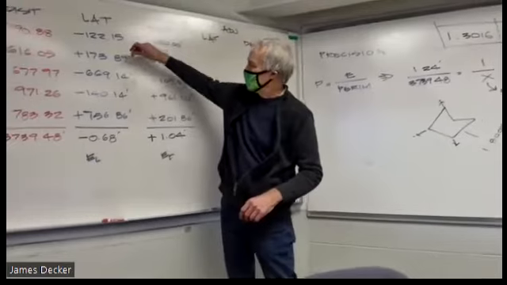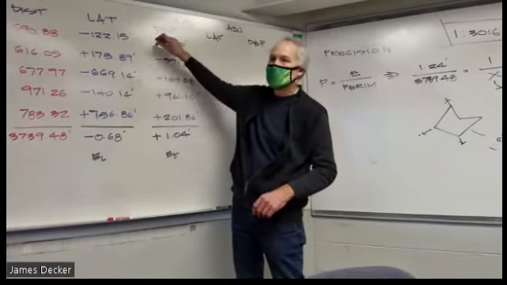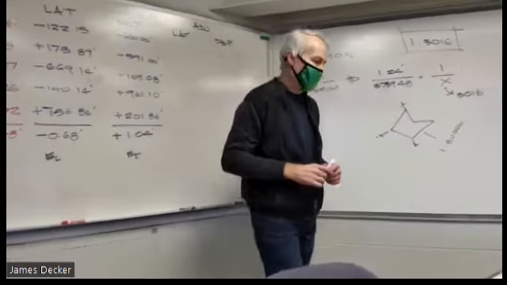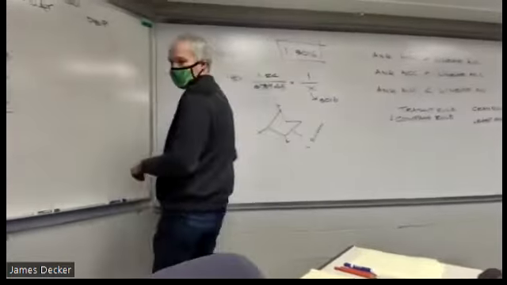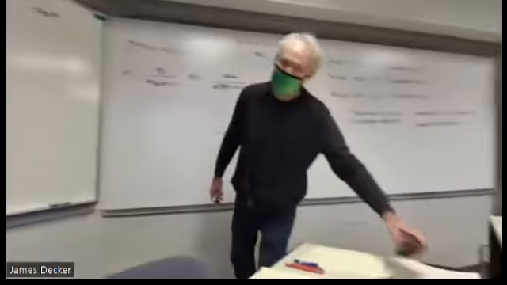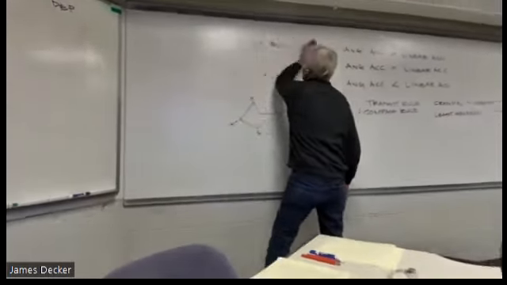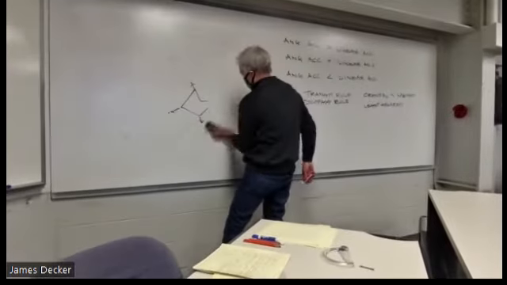Each latitude gets its own correction, and each departure gets its own correction in this method. Here is how you do the compass rule adjustment. Let me write this down. It's really simple, not hard to do. You just have to think about what's going on with it.